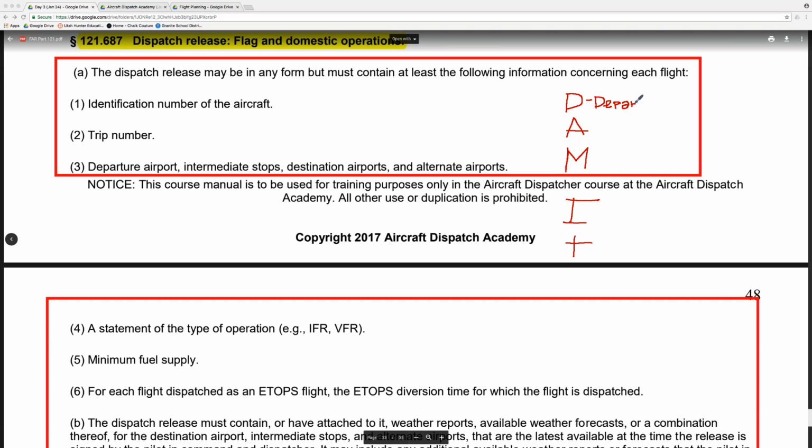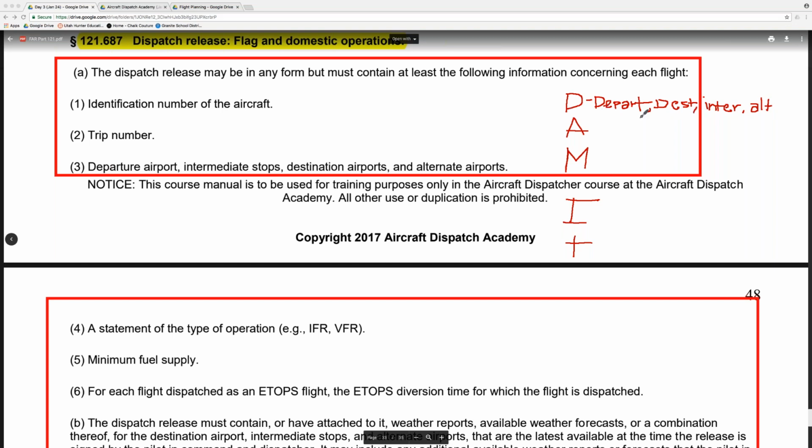So departure, destination, intermediate, and alternates. Okay.